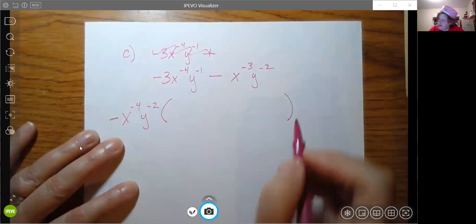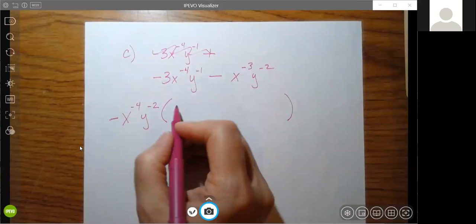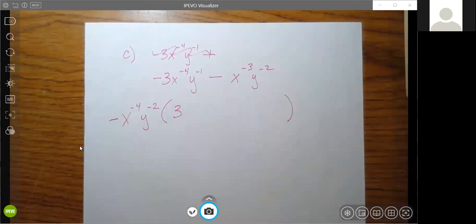Right. I think Peter's up. Alright, the first term you can just put 3y. Y to the first power. Everybody good with y to the first power?